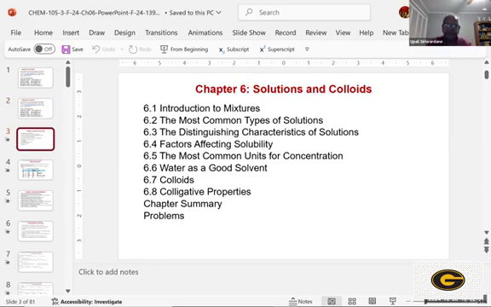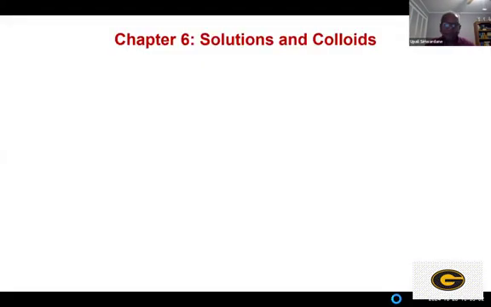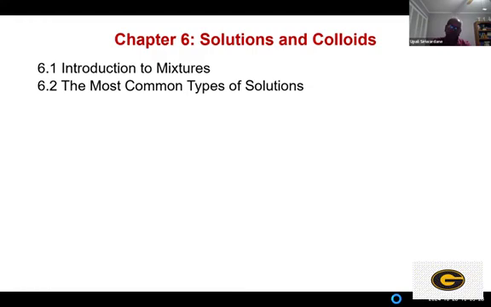Let me start on chapter 6. Chapter 6 is on solutions and colloids. This chapter is about mixtures. So far what we talked about is elements and compounds, pure substances. We have gone over pure substances.